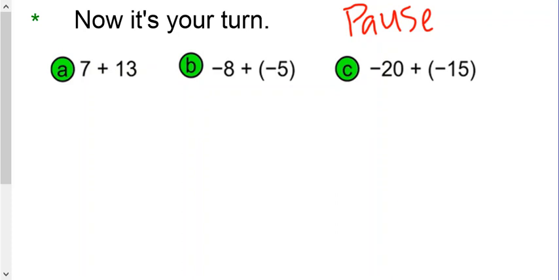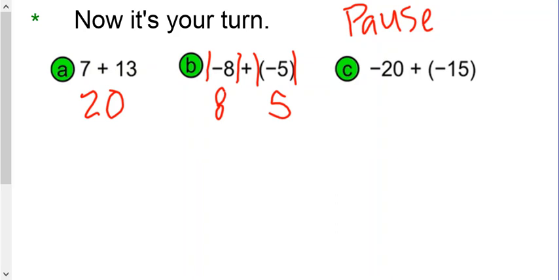All right, a positive 7 plus a positive 13. Okay, so we're just combining them together. So 7 plus 13 is 20. Okay, negative 8 plus a negative 5. Okay, we can use the absolute value situation here. Absolute value of negative 8 is 8. The absolute value of negative 5 is a positive 5.